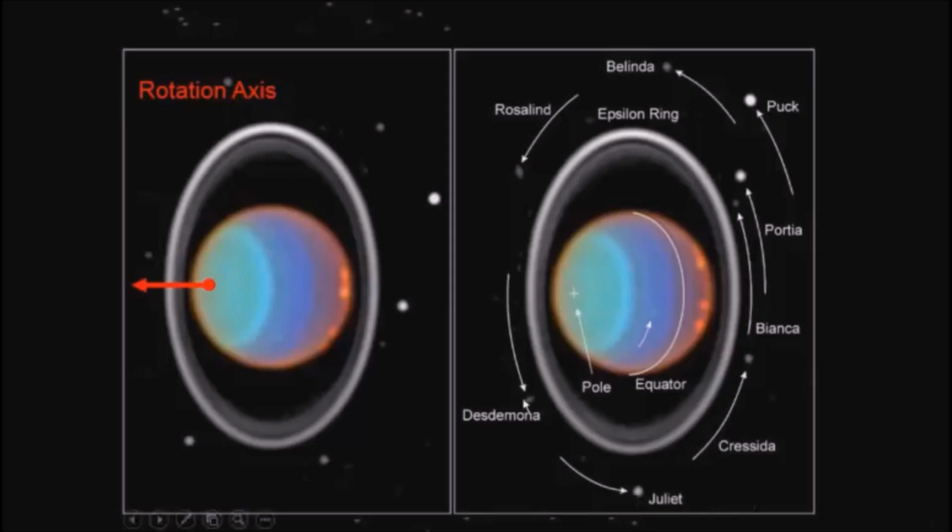And here are its various Shakespearean moons, Rosalind, Belinda, Puck, Portia, blah blah blah, all rotating at 90 degrees along with the ring. It would be very, very unlikely that another planet came in, hit this planet, turned on its side and then went away, leaving all of its moons undisturbed and rotating in this fashion, along with its undisrupted belts. Rings, I should say.